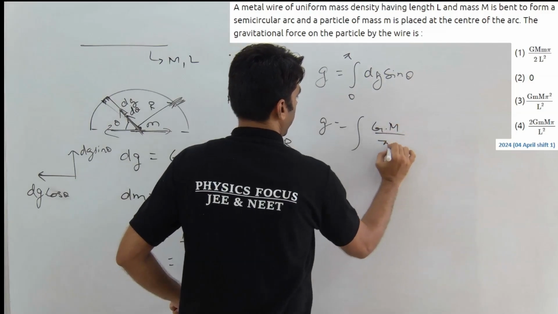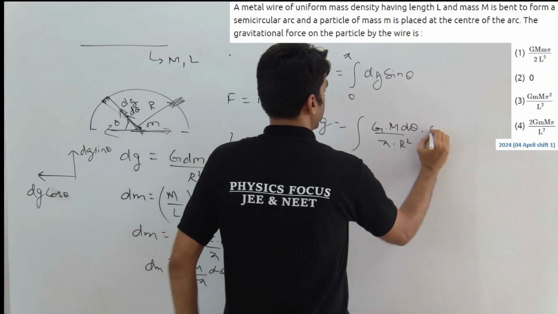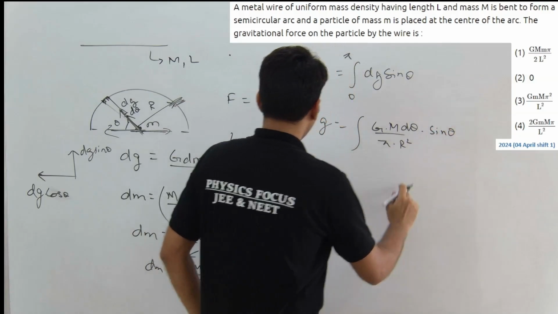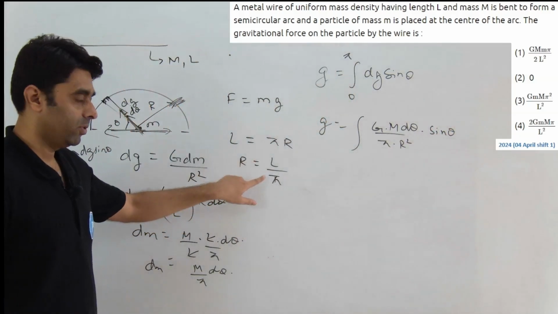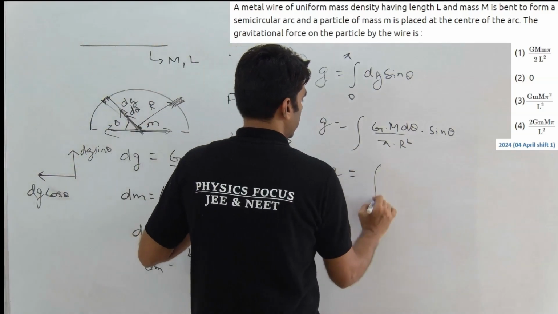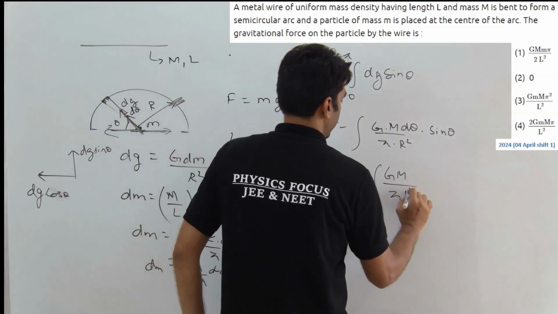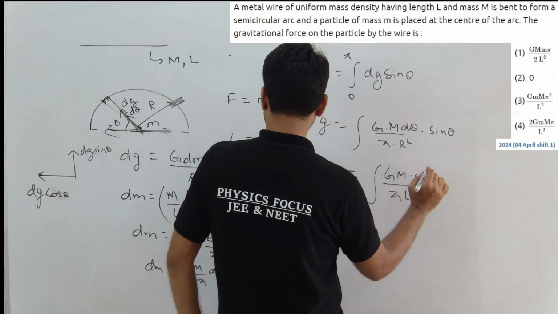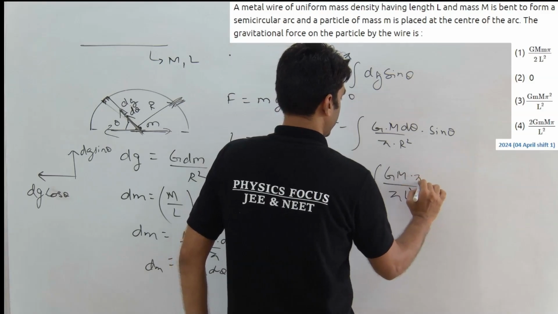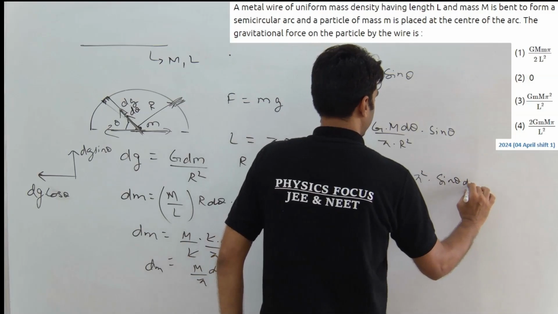So M by pi d theta into sine theta over r squared. r squared will come out to be L squared by pi squared. So let us substitute: integral of G M by pi into pi squared by L squared, and we have sine theta d theta.